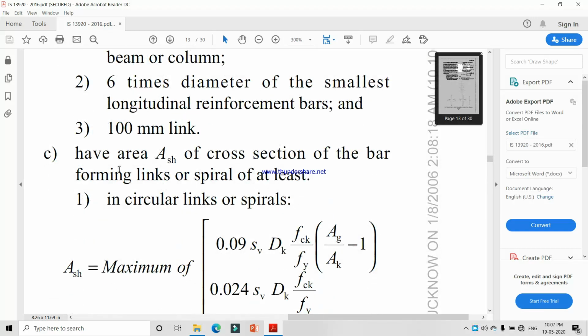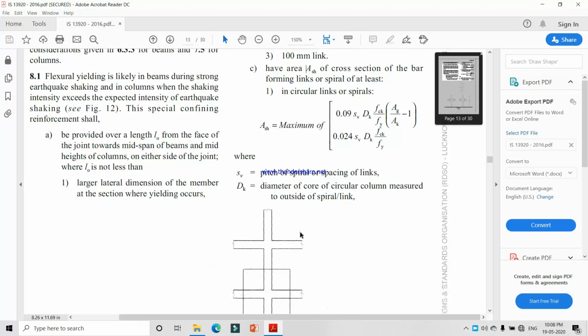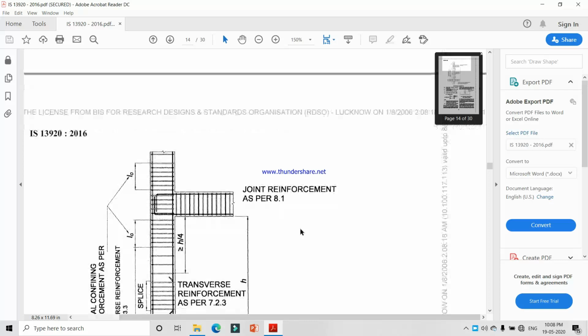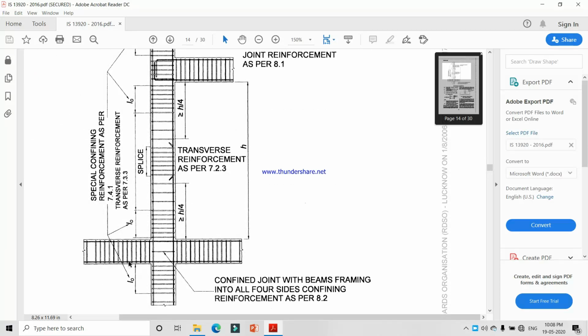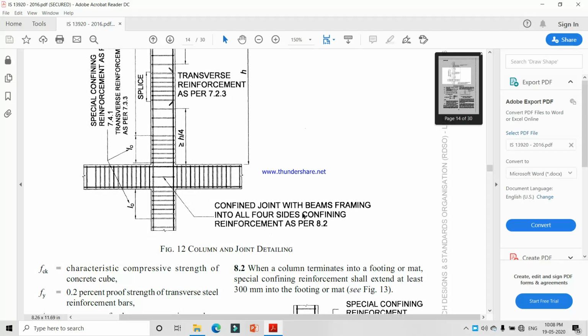These are the reinforcement calculations. This is the L0 length. This is the h by 4 dimension, and you can call it special confining reinforcement. These are the confining joints, with beams framing into all four sides.